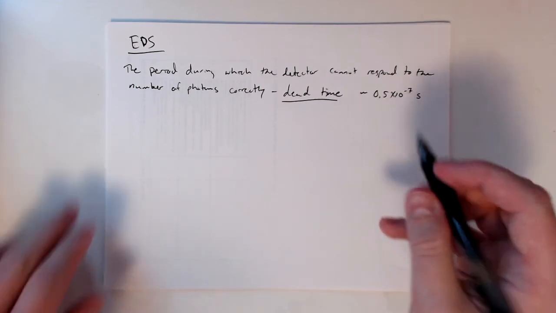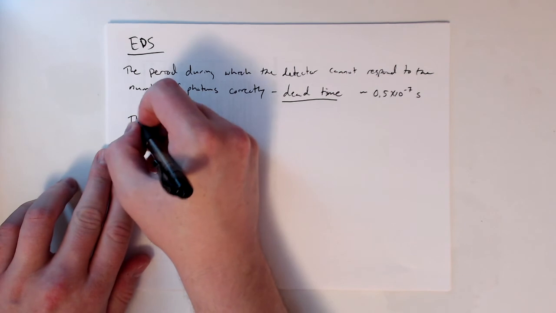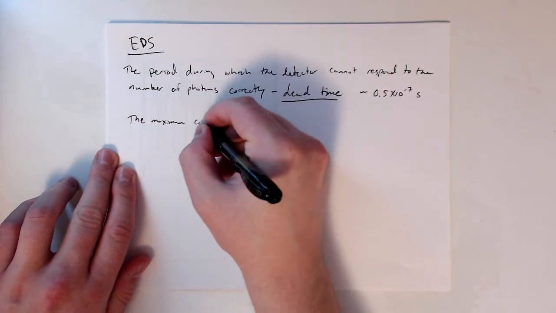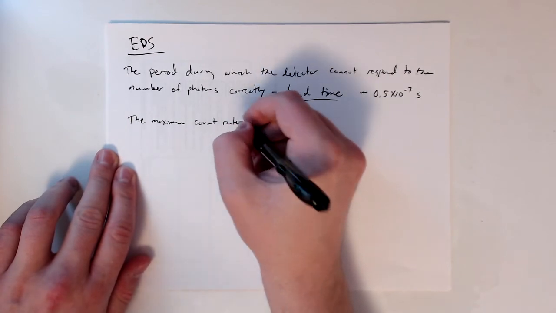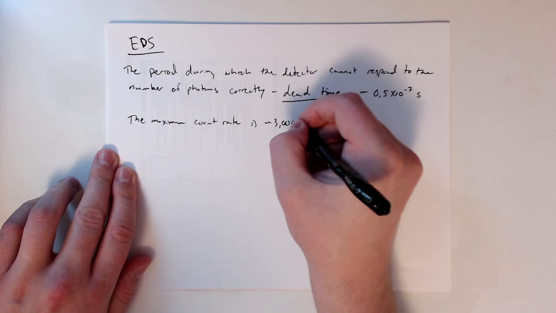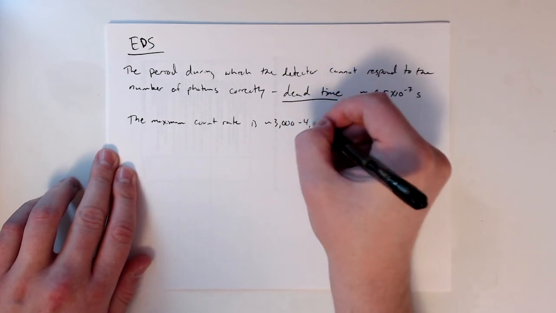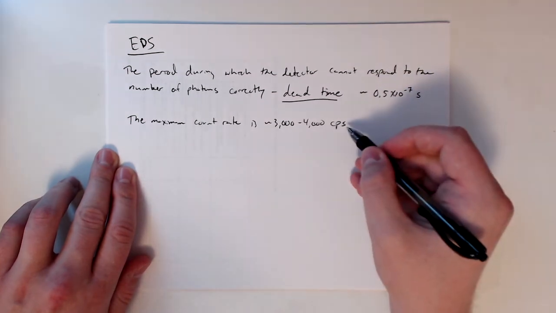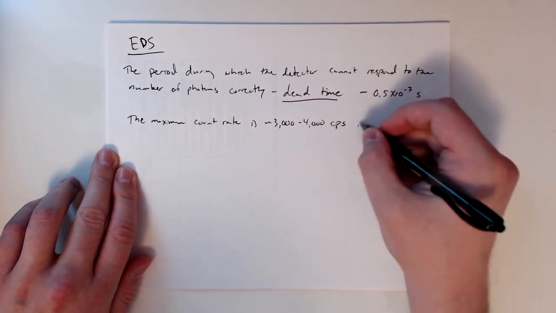And so the limitation that causes is that there's a maximum count rate that we can detect, and that is on the order of 3 to 4 100,000 counts per second. So CPS means counts per second.